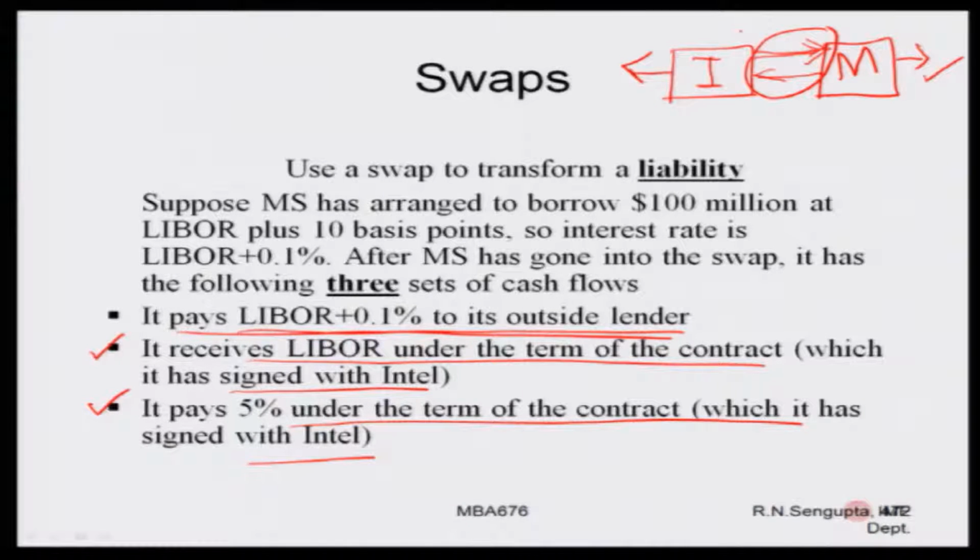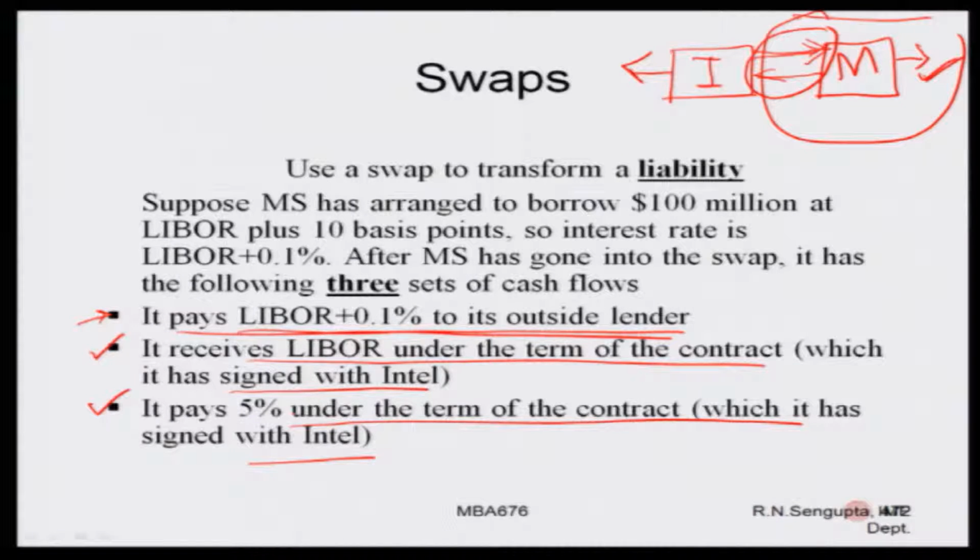Microsoft receives LIBOR and gives 5%, and it also gives the third party the first point, LIBOR plus 0.1%. Considering the overall transaction for Microsoft, the arrow coming inside is LIBOR and the arrow going outside is 5%.